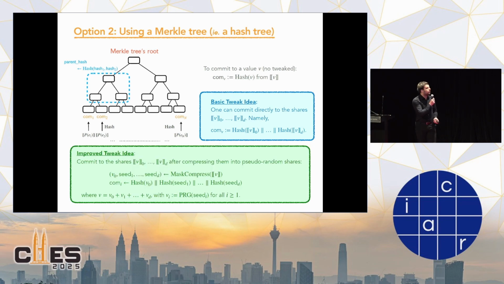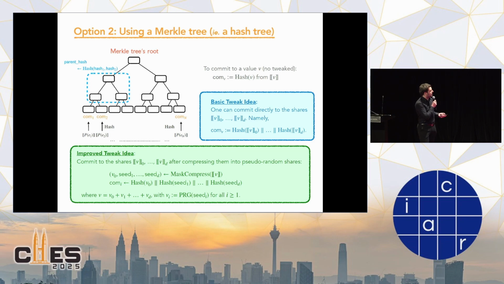Hopefully, we can improve the tweak. In fact, instead of committing to the shares directly, we will compress them into a pseudo-random sharing. The idea is that there is some existing routine, mask compress, which can transform a classical sharing of v into a pseudo-random sharing where d shares will be represented as a seed.